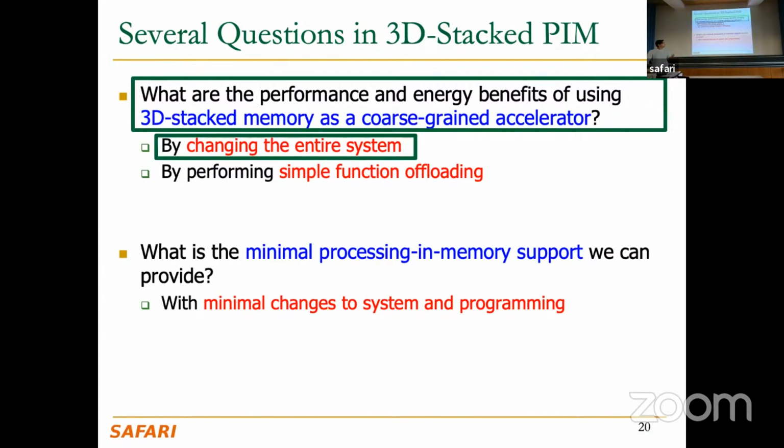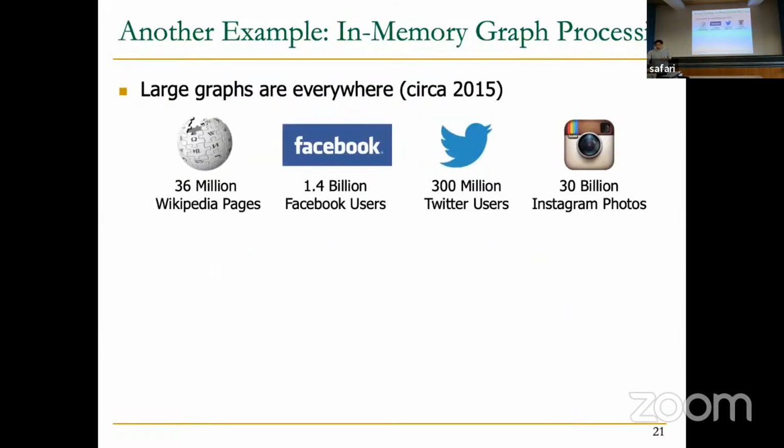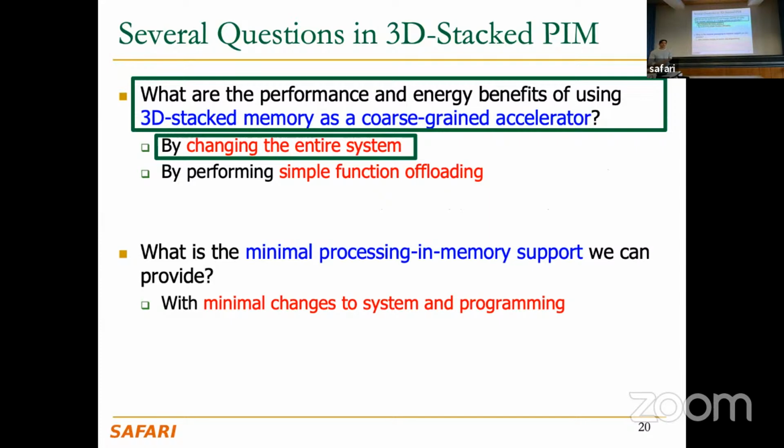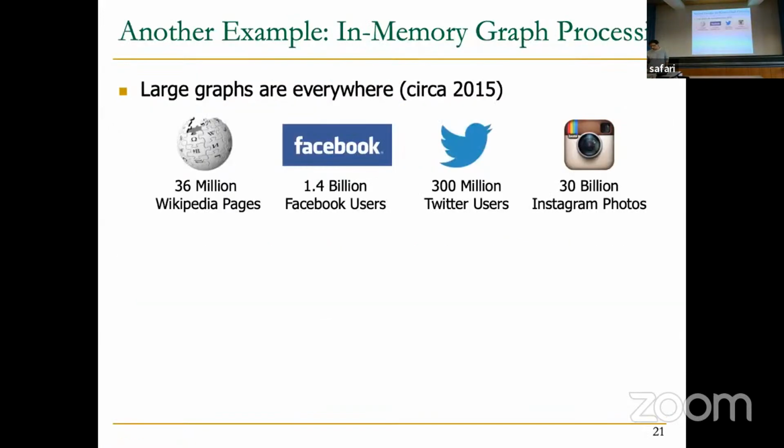The first one proposes to change the entire system, or in other words, proposes a completely new accelerator for a special type of workloads, same as you can have off-chip, external accelerators such as GPUs or FPGAs. We could also fabricate an accelerator based on 3D-stack memory.